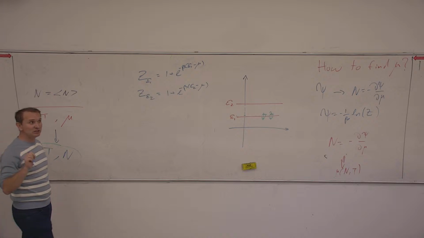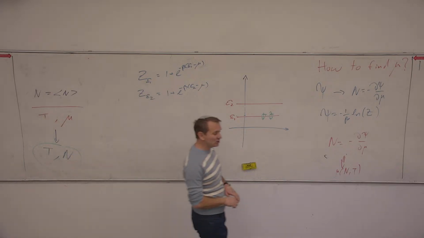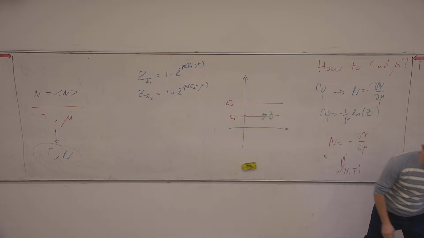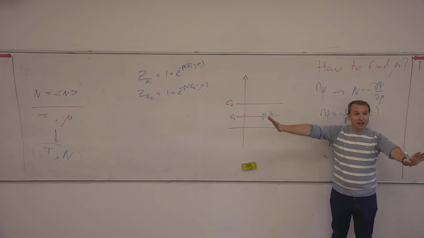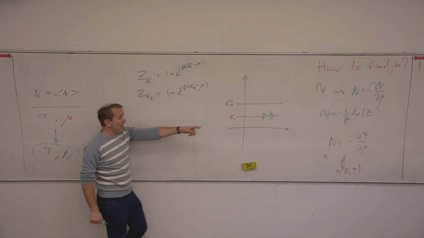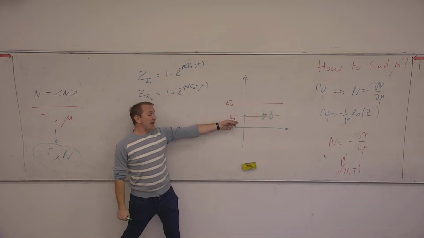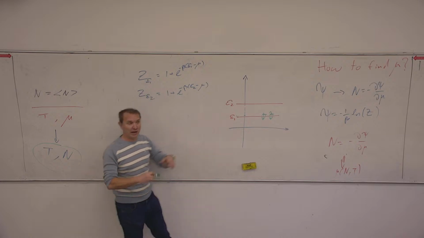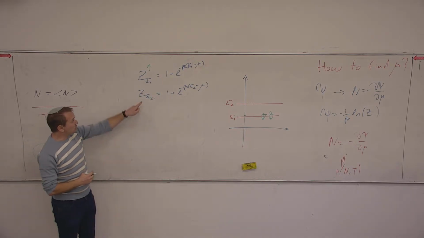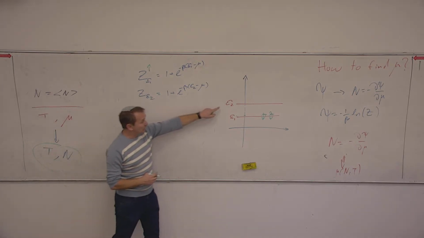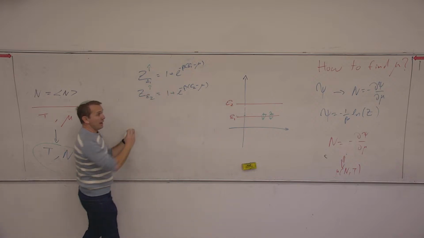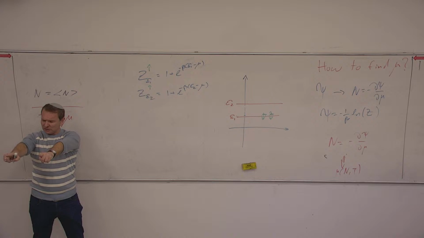So how do we treat degeneracy? We treat degeneracy in the following way. We say, let's separate all the different levels. So this is the level with energy epsilon 1, and it admits only particles with spin up. And Z2 is the level with epsilon 2, which admits only particles also with spin up. Now we have two additional levels.